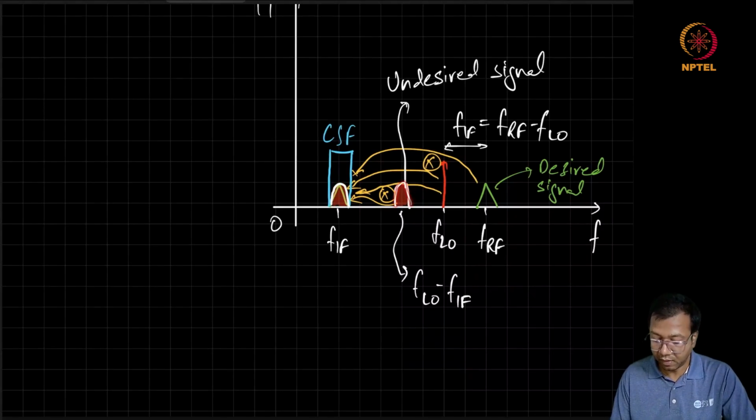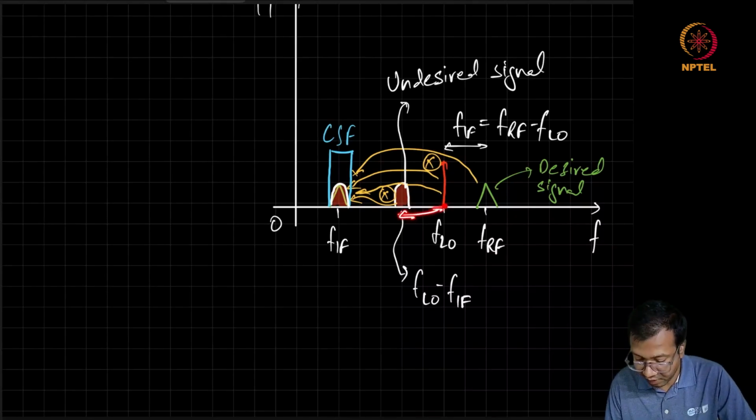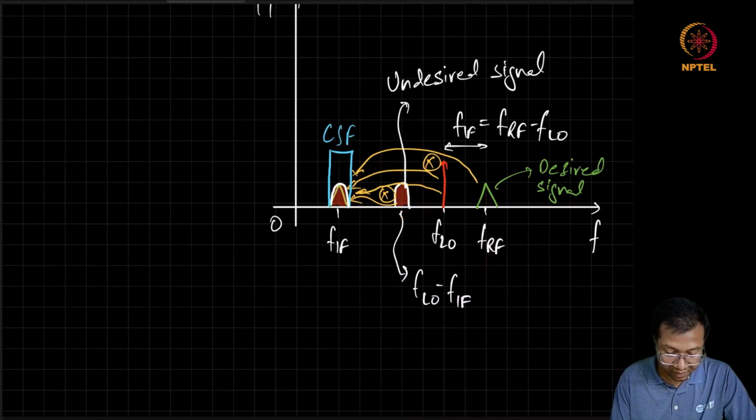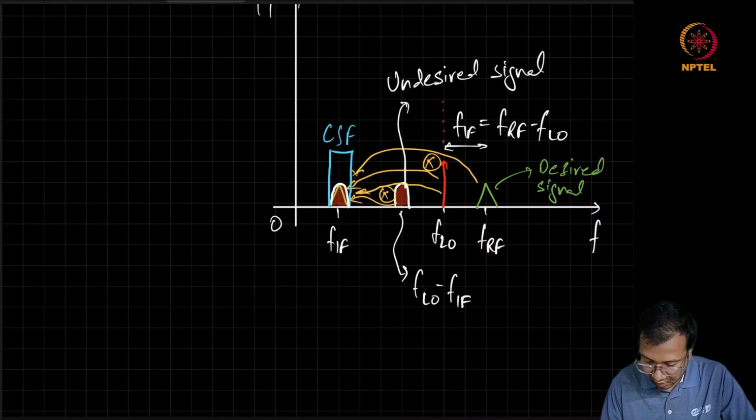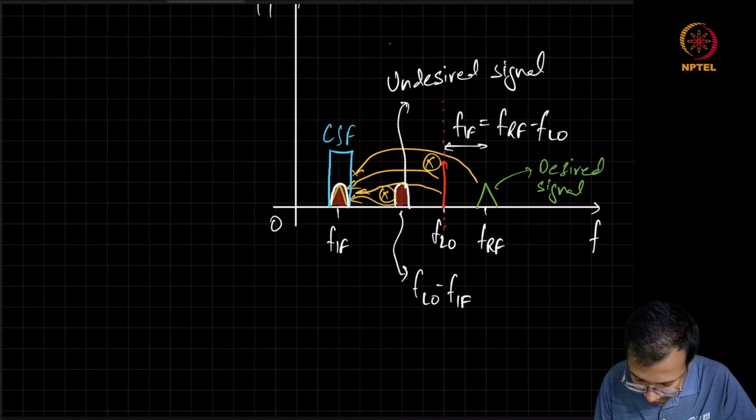So this component, which is at the same FIF distance from the LO as our FRF, is also called image signal because it looks like a mirror image of FRF about the LO frequency. This is called image signal.